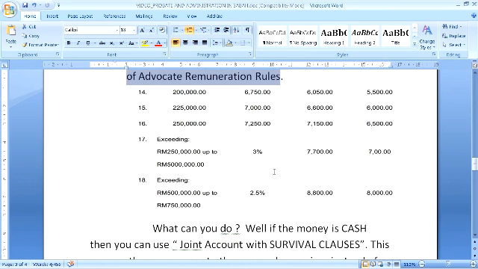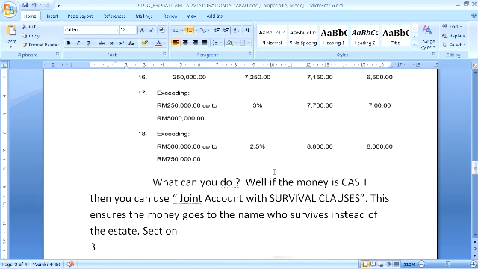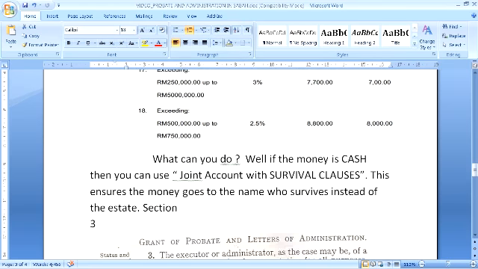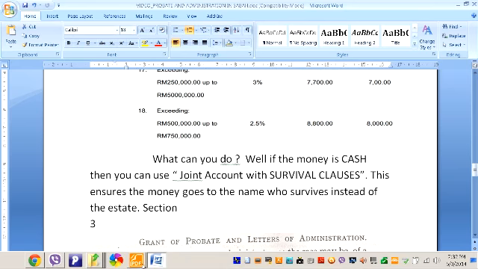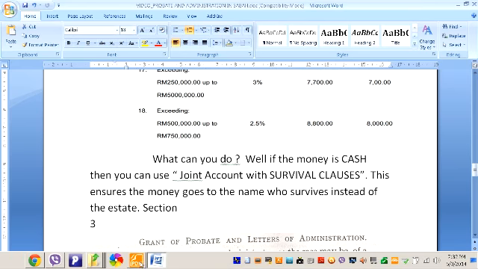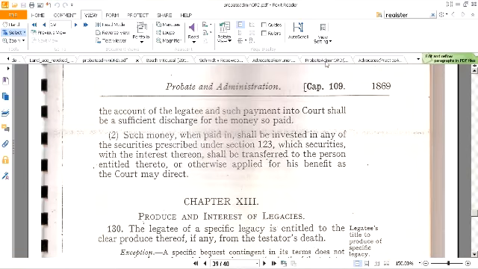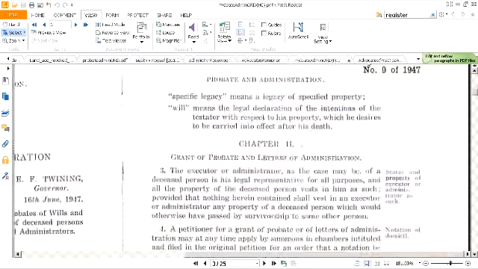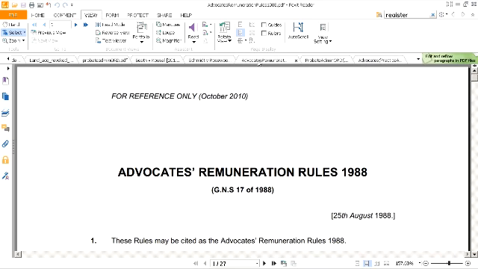The cost is about 250,000. You have almost 14,000 or 15,000 ringgit. Just for example. I'll show you the actual part from the Ninth Schedule to give you an idea of the other costs that you have to look at.